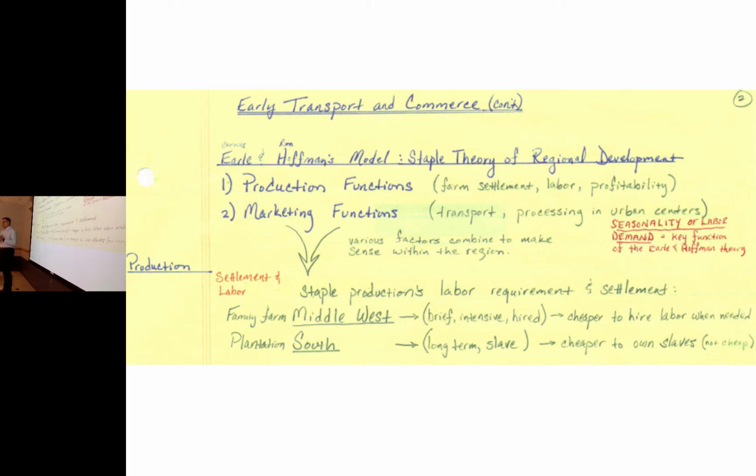It may be because of some accident of the environment making soils really, really good at producing a certain type of crop. Or it might be a combination of the climate and soils. It may also be the accessibility of labor to that production system.